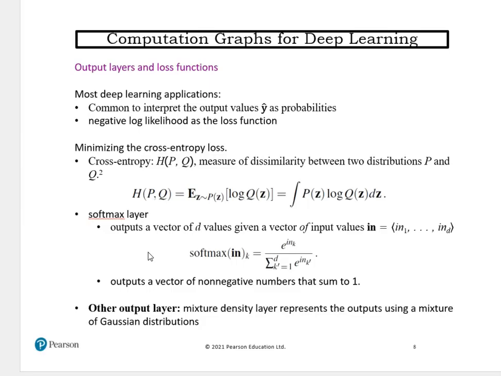In fact, for most deep learning applications, it's more common to interpret the output values y hat as probabilities and to use the negative log likelihood as the loss function, exactly as we did with maximum likelihood in logistic regression. Maximum likelihood learning finds the value of w that maximizes the probability of the observed data, and because the log function is monotonic, this is equivalent to maximizing the log likelihood of the data.